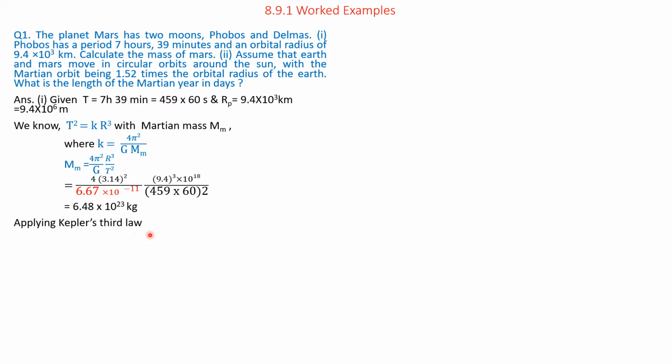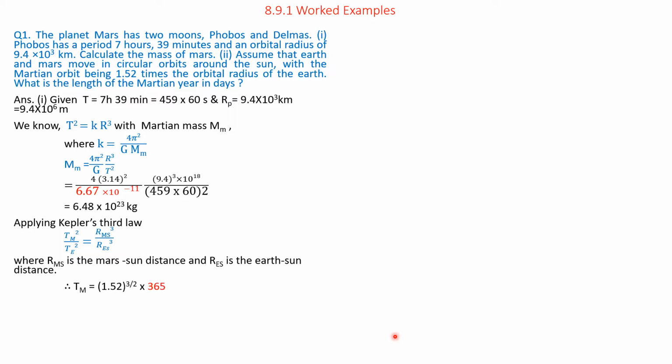Now applying Kepler's third law, we know the formula Tm square by Te square is equal to Rms whole cube divided by Res whole cube. Here Tm is the time period of Mars and Te is the time period of Earth, and Rms is the Mars-Sun distance and Res the Earth-Sun distance. Simplifying, it is given that the orbital radius of Mars is 1.52 times the radius of the Earth.